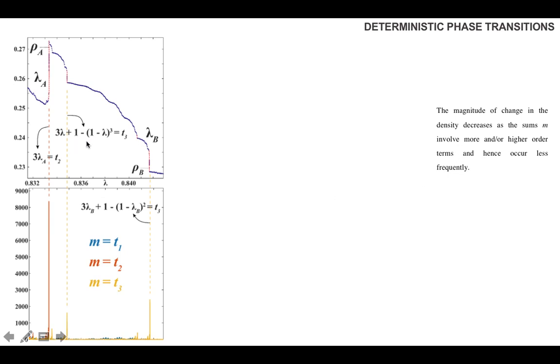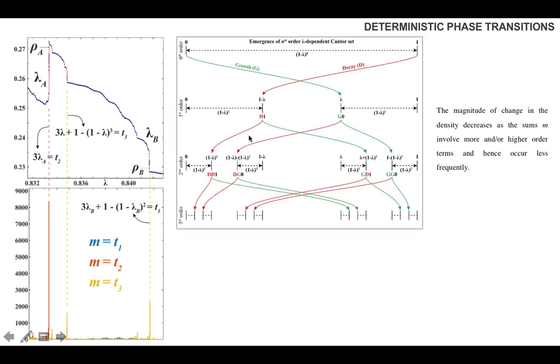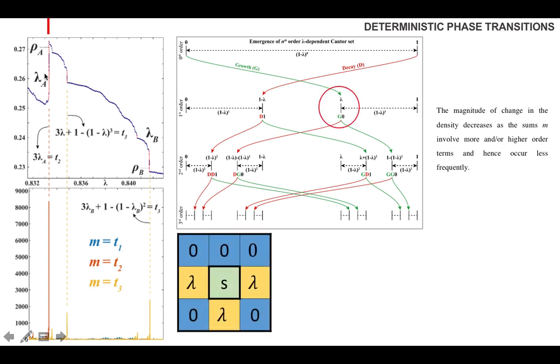You might remember in the Cantor set there were orders like lambda to the power of 1, lambda to the power of 2, lambda to the power of 3, etc. As you increase the order, their occurrence is less frequent, and since they are less frequent, the changes occur less and less. So this peak involves only lambda to the power of 1, and it's a sharp peak, and correspondingly a large change in the density.